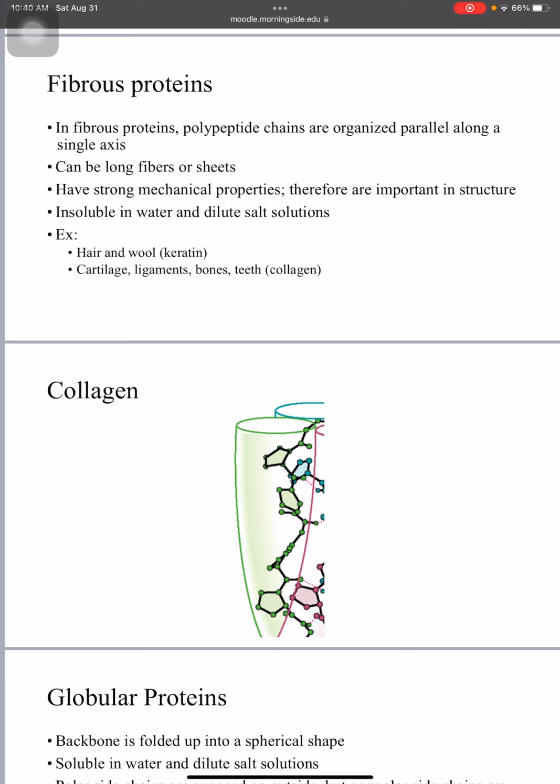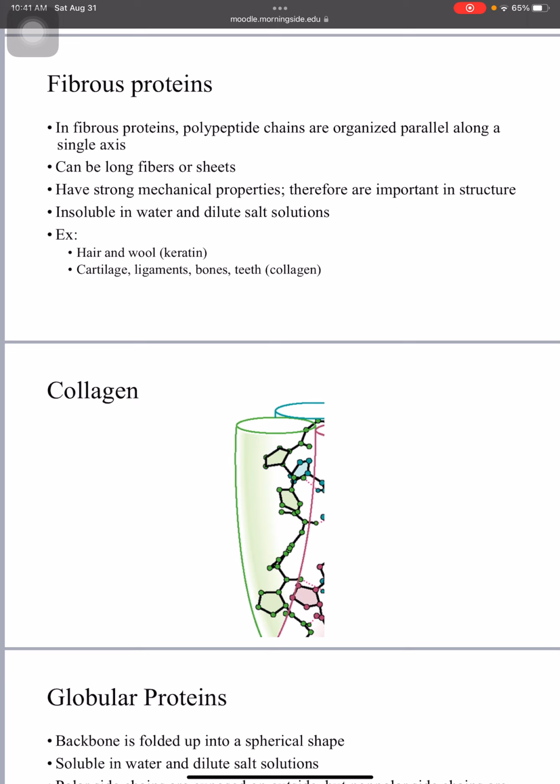Interesting example. I don't know if you guys have ever heard of this or not, but there's a condition called scurvy. Scurvy used to be a real problem, hundreds of years ago, amongst sailors, people on the open sea. A lot of them got scurvy.